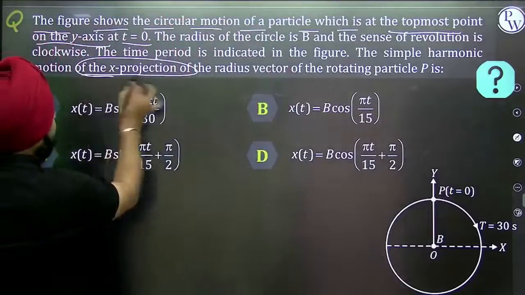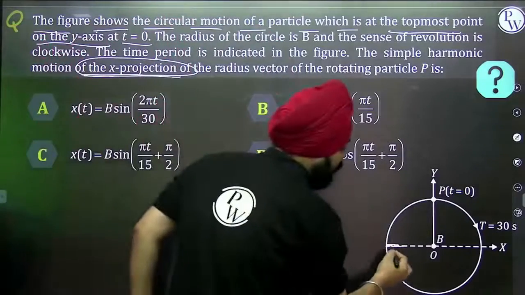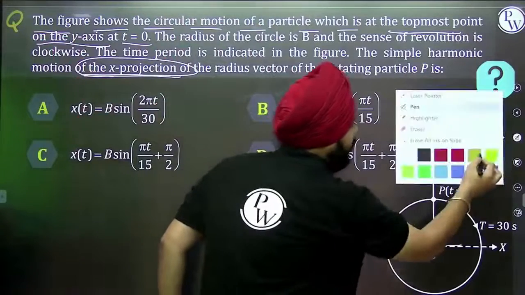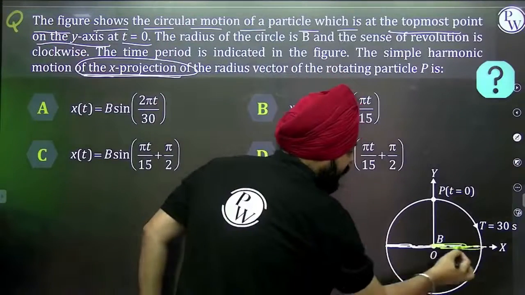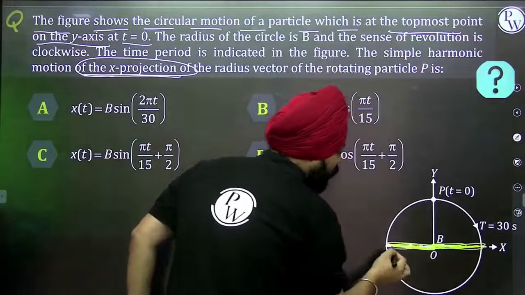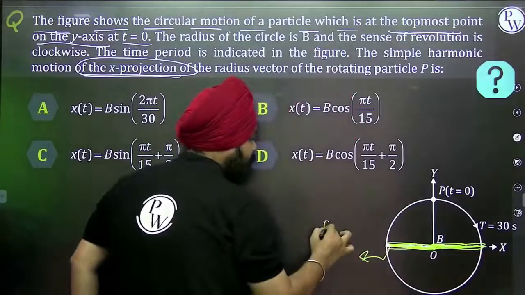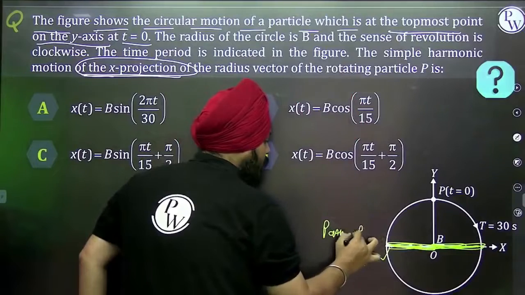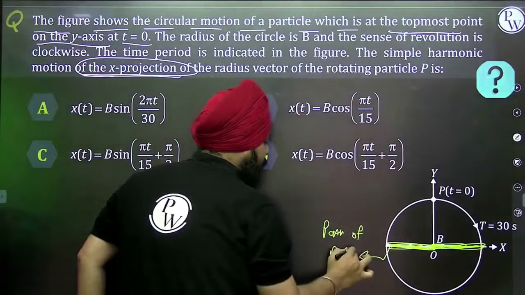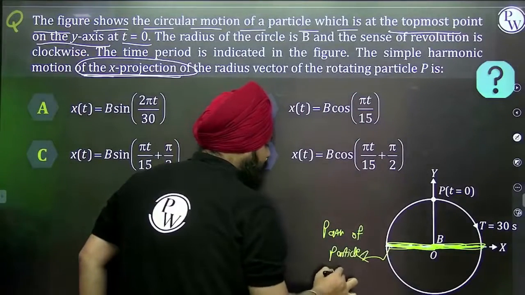Since the x projection is given, this is the path of the SHM of the particle, the particle performing SHM.